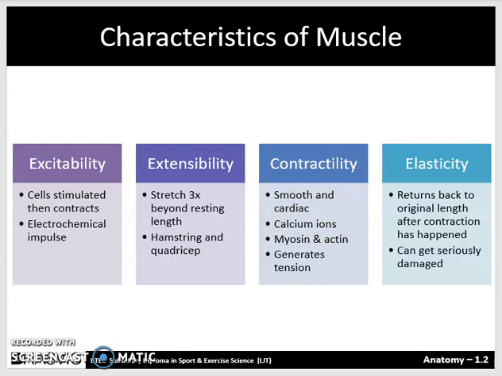For contractility, muscle cells contract when stimulated by neural input. Smooth and cardiac muscles do not require this input. When a muscle cell is excited, the impulse travels along various membranes of the cell to its interior, where it leads to the opening of calcium channels.